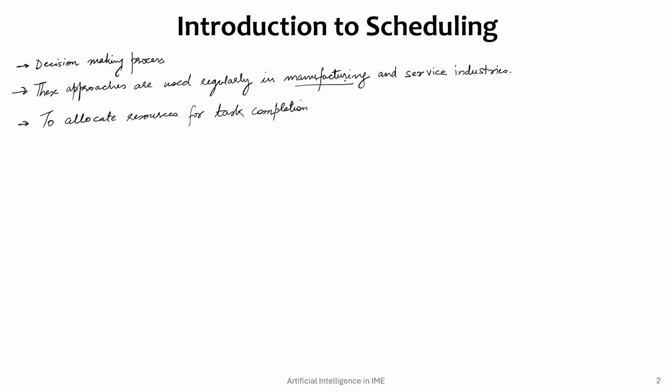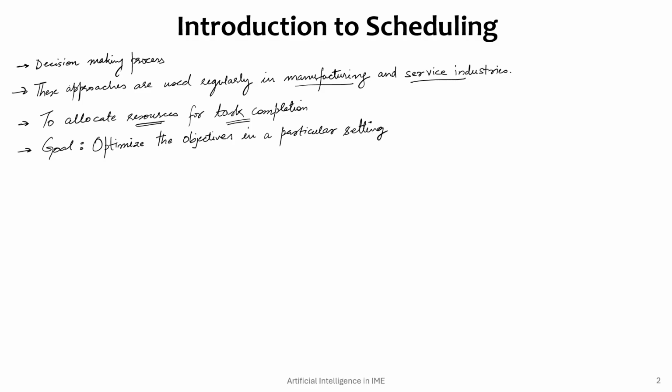So in these manufacturing or service industries, there are different kinds of operations that need to be performed, right? Now to perform these operations, we require resources. So how to best allocate these resources for the completion of these tasks is what scheduling is. Now the goal is to optimize the objectives in a particular setting.